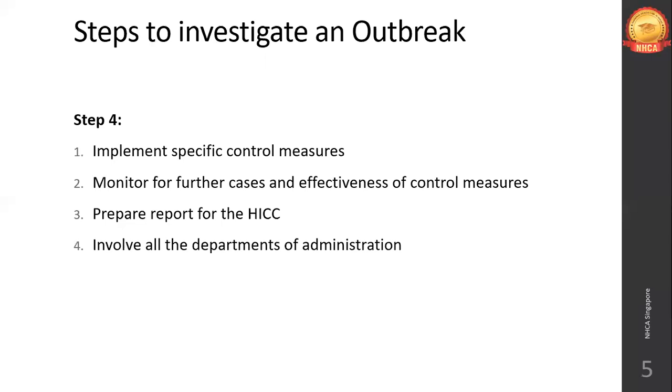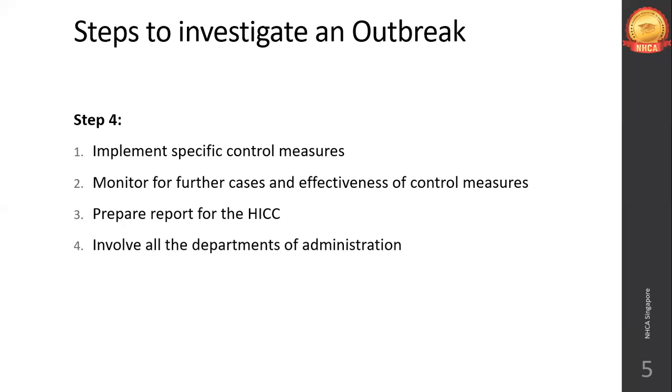Now, steps to investigate an outbreak. In step 4, you have to implement specific control measures, and monitor for further cases and the effectiveness of control measures. When you have understood what specific pathogen is causing it, or what specific route of transmission is causing the outbreak, according to that, specific control measures will be put into place. After that, you have to see if it is effective or not.